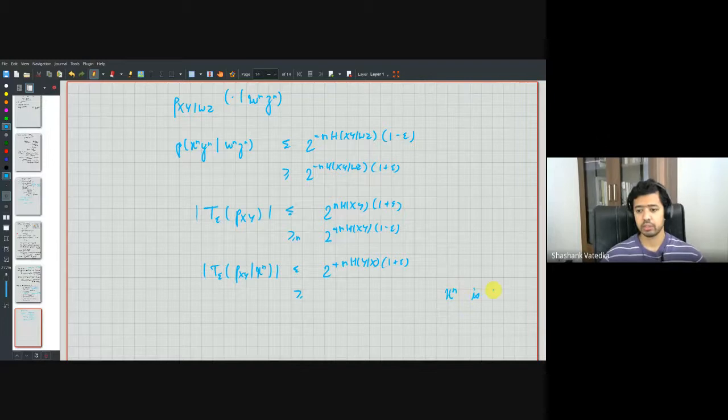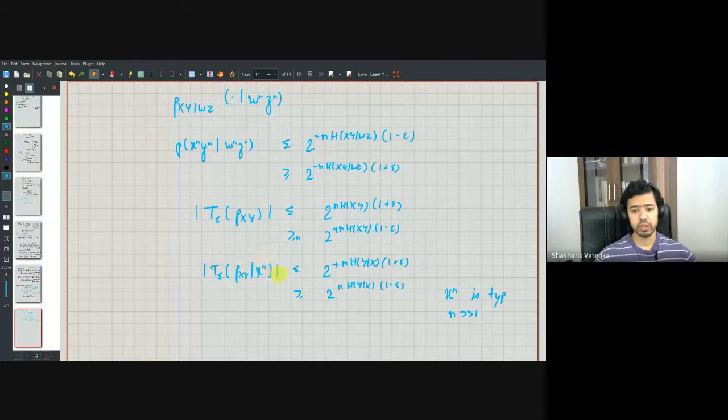Now if xn is typical and n is sufficiently large, then you'll also have a very similar lower bound, which is 2 raised to n times H of Y given X times 1 minus epsilon.